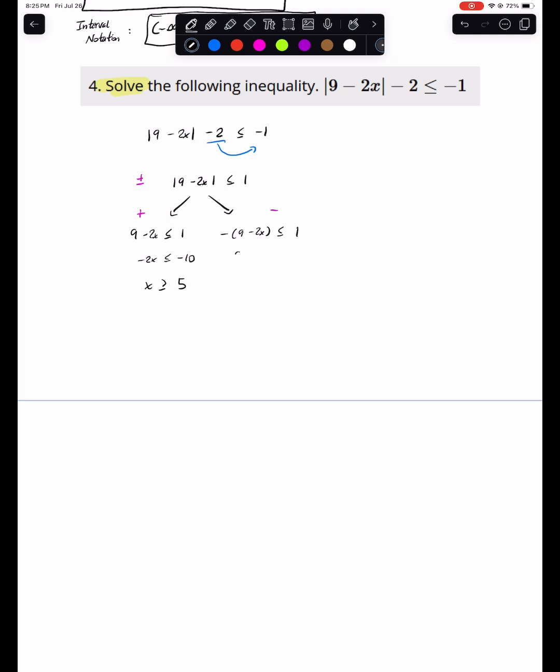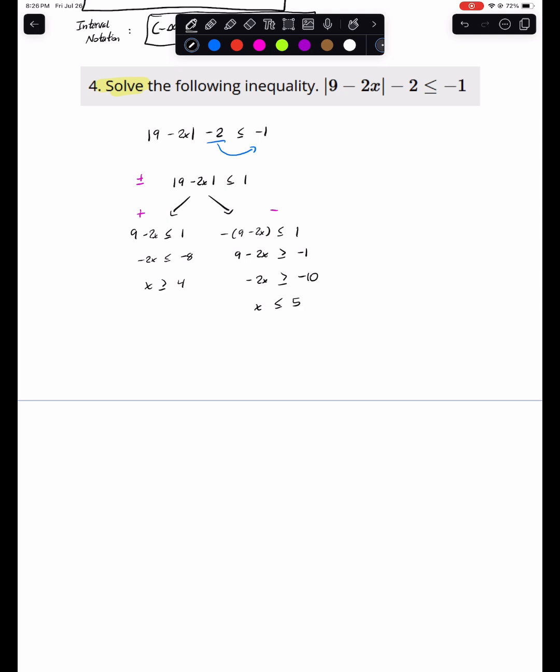So we'll have 9 minus 2x greater than or equal to negative 1, negative 2x greater than or equal to, oh yeah, that's my mistake. 1 minus 9 is negative 8, so you get 4. Okay, and then this gives you negative 10. There we go. And then x, when you divide by negative 2, you swap that and you get 5.